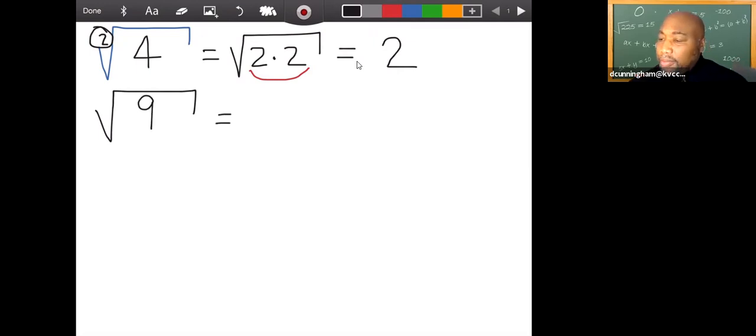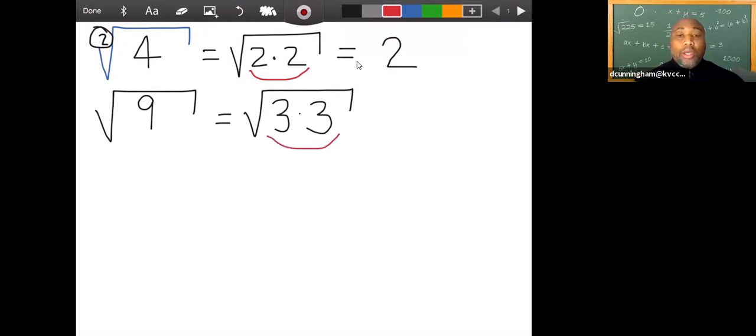In our case, what 2 of the same numbers give you 9? If you can figure that out. So it'll be 3 times 3. Since we're looking at 2, you take 2 like numbers at a time out of the radical. And this is equal to 3. So the square root of 9 is 3.